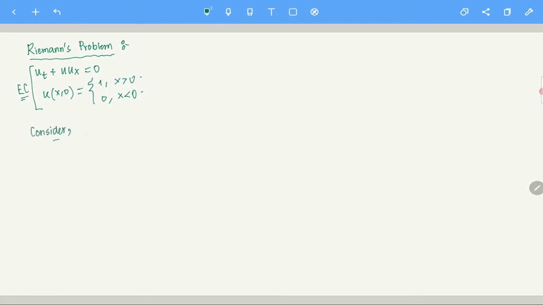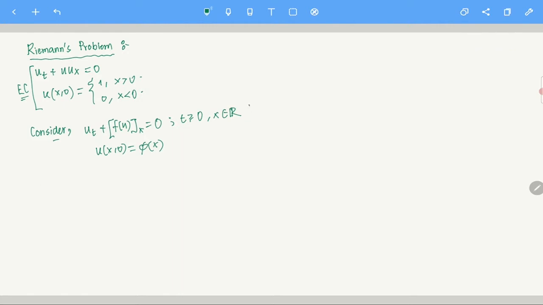So the Riemann problem is for a general problem, u_t plus f of u with respect to x equals 0, for t greater than or equal to 0 and x in R. We also assume u at the point x0 is some phi of x. Now phi of x is a very special function. This problem is called a Riemann problem.